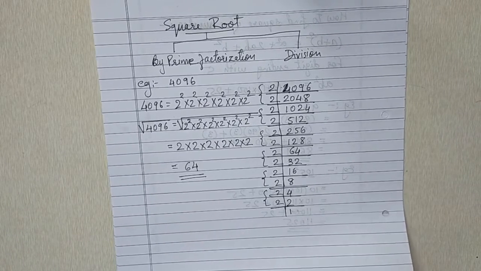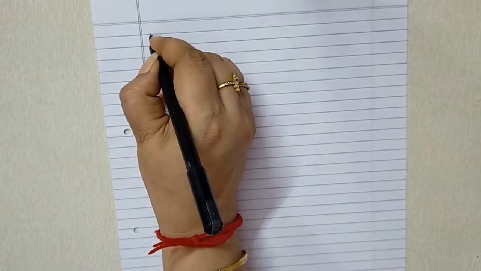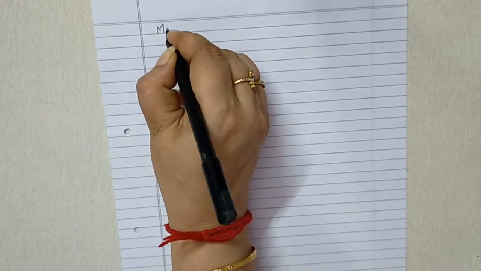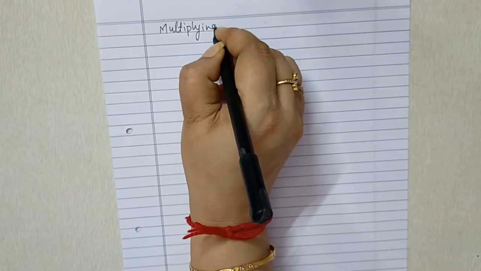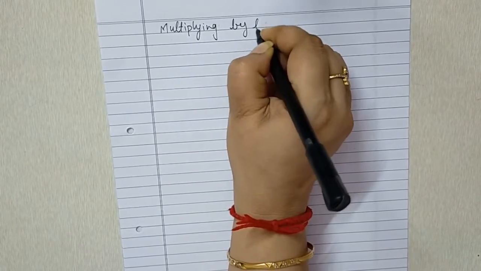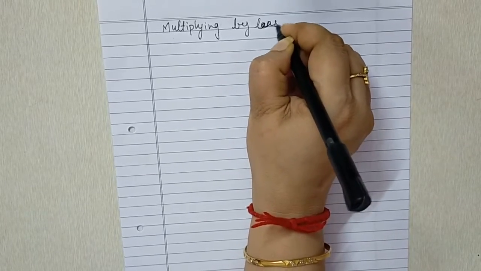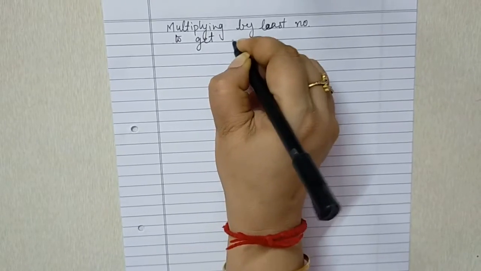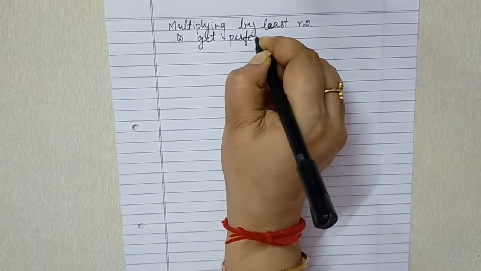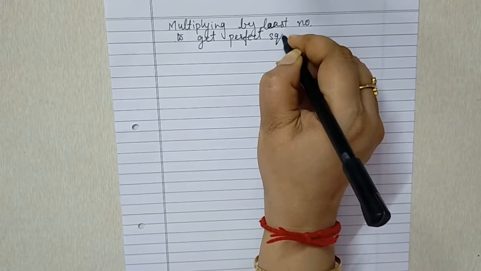First of all, we will see the number which we need to multiply, so that we get a new number which is a perfect square. So multiplying by the least number to get a perfect square, and then we will be finding the square root of it.